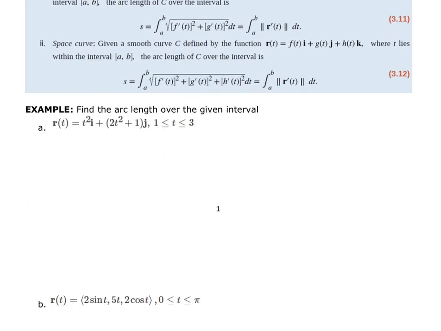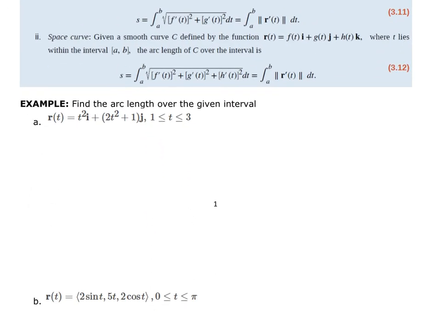Let me just scroll this up so I can give myself some space. Because the function is a vector-valued function, we're going to use this equation, which means first of all we need to find the derivative. So the first thing we're going to do is find r prime of t.